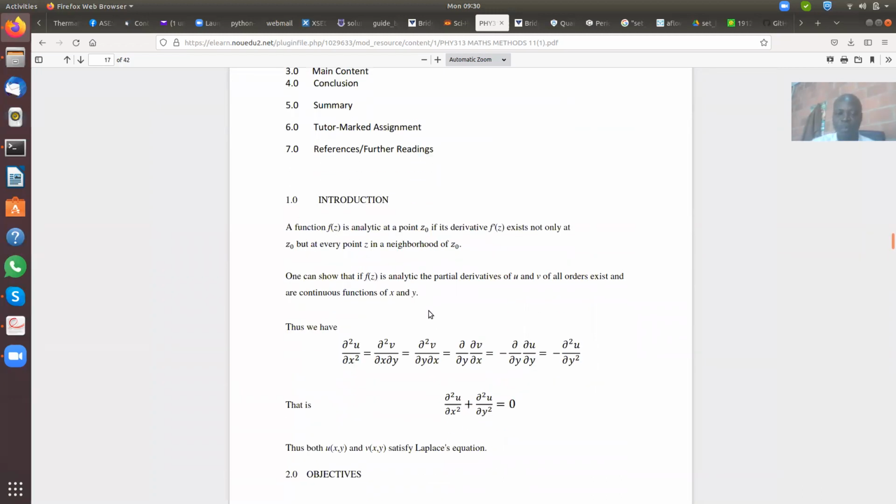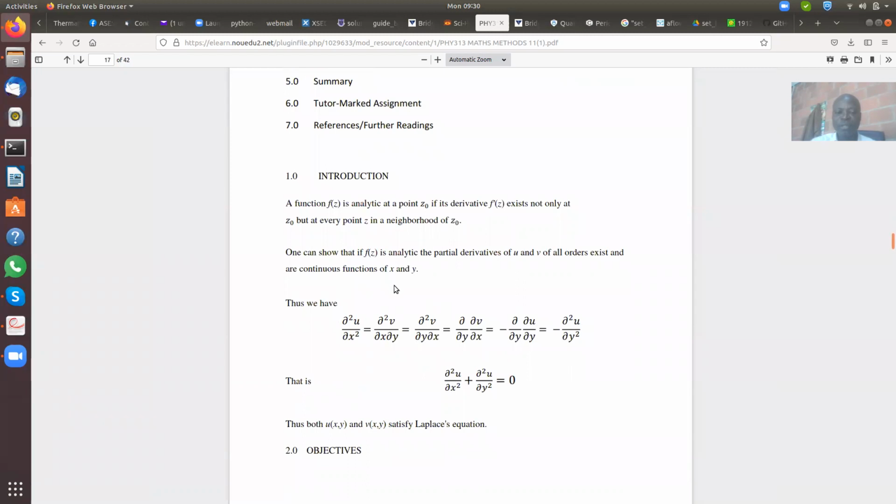So that leads us to, let's say for example, we have just discussed the u and v plane last week. Let's say we have u and v that consist of x and y. Now, if you take the second derivative of u with respect to x, the result should be the same as taking the derivative of v with respect to x and y.